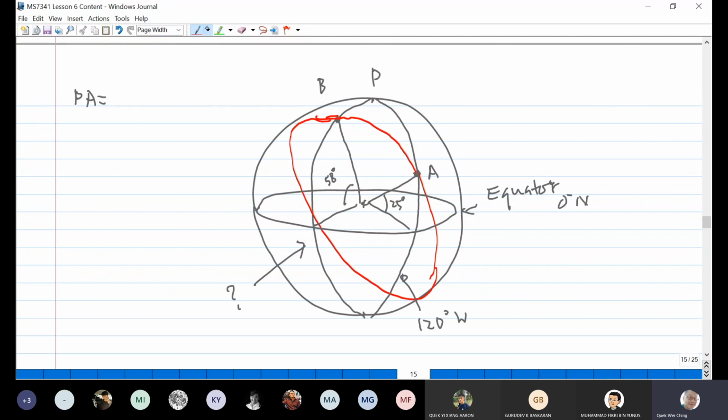The North Pole to the center is 90 degrees, so PA is 90 degrees minus 25 degrees, and you get 65 degrees. So this angle here is 65 degrees.